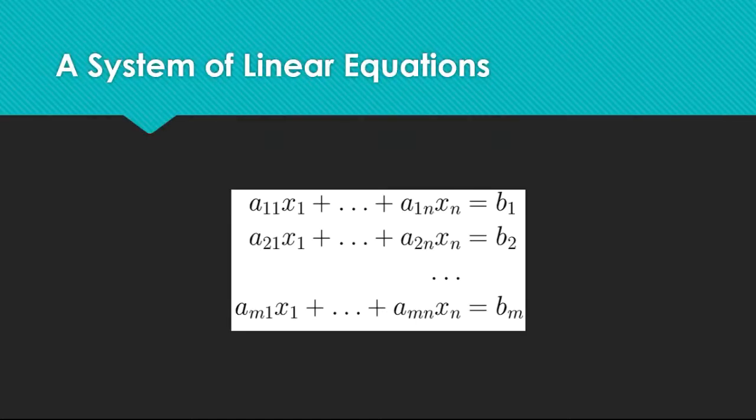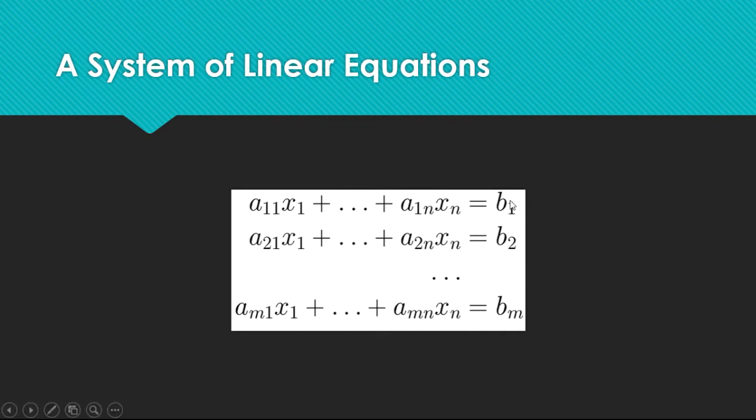So let us take a system of linear m equations. It will be represented as a11 x1 plus a12 x2 plus dot dot dot. On the right side there will be a constant b1.